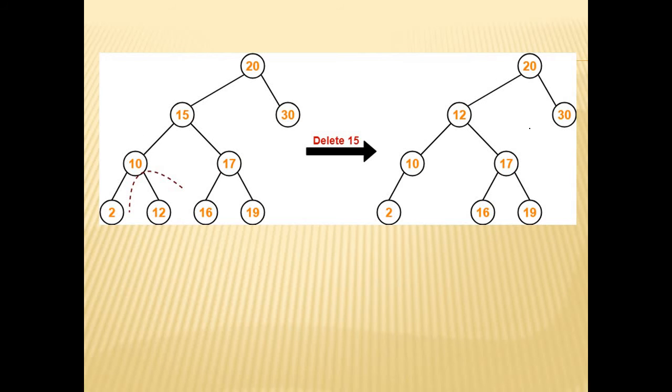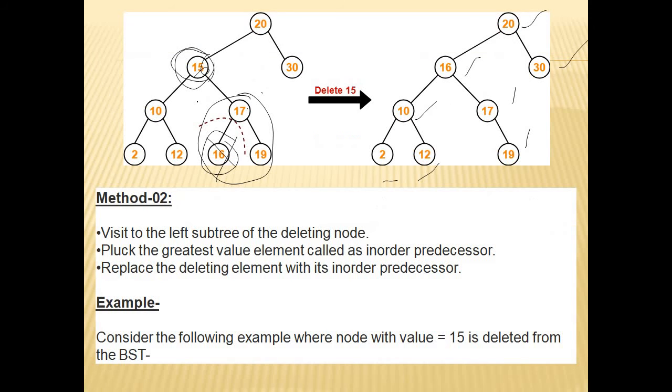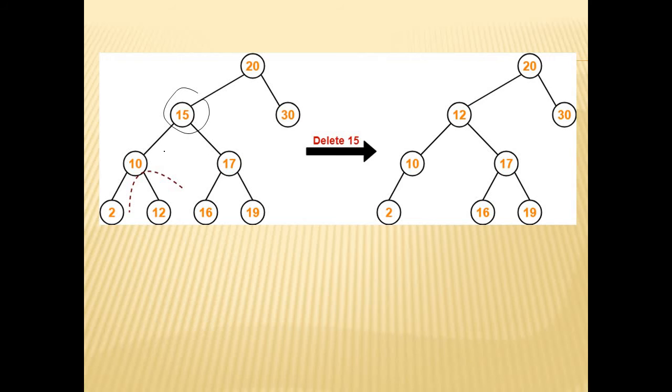I visit 15 and consider the left subtree and its greatest value. In the left subtree we have 10 to 12. What is the greatest element? 12. I just replace 15 with 12. That's all. So the tree is 20, 12, 17, 16, 19, 10, 2.